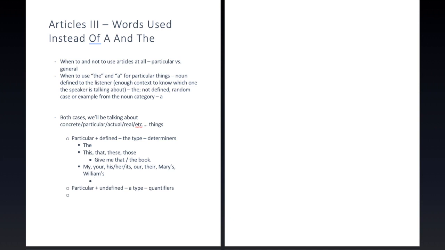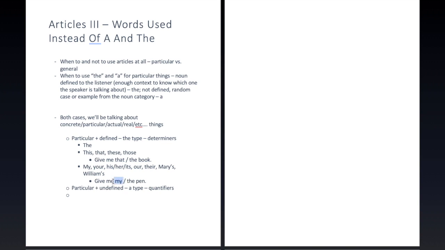All right, same thing with these ones. So if there's a pen on the table, for example, and you're both sitting at the table, you can say, give me the pen, or give me my pen. And the same thing here. There might be two or three pens, and only one of them is yours.